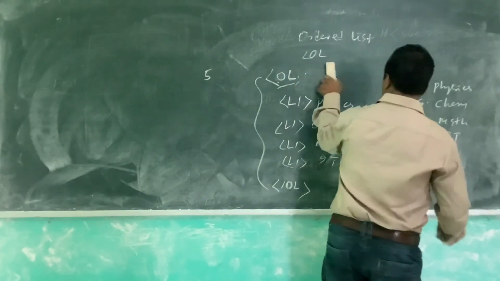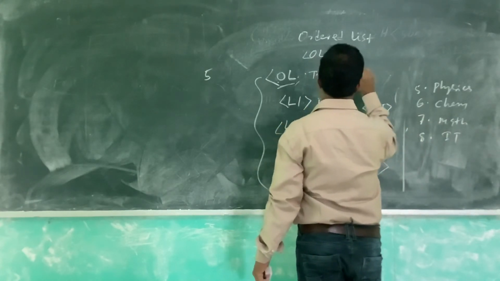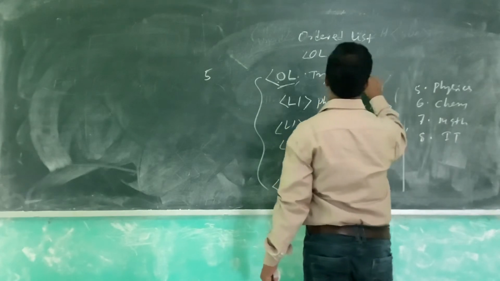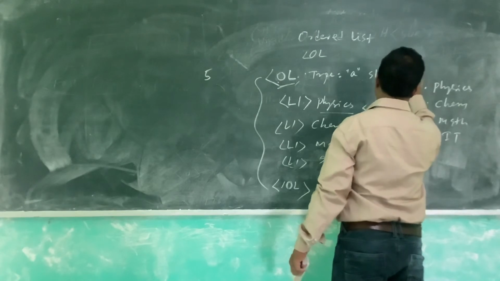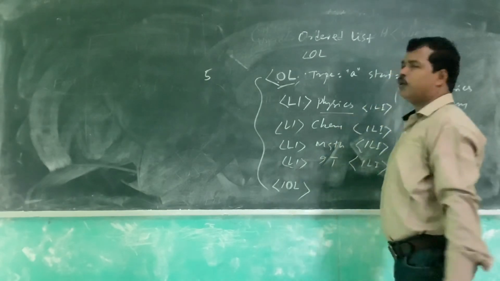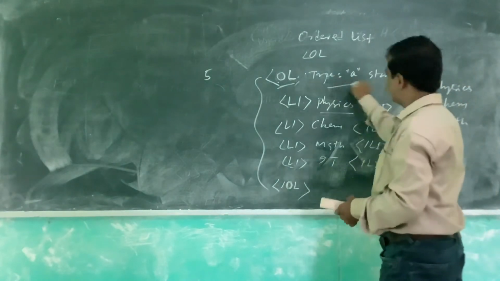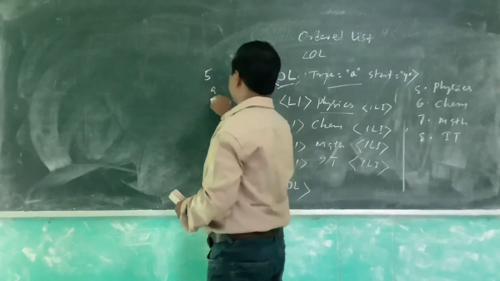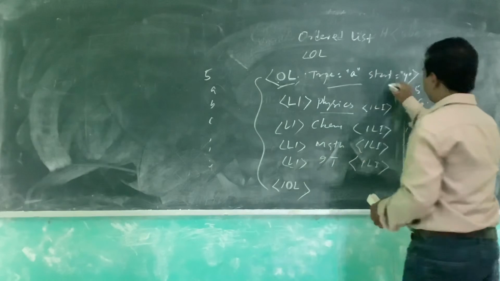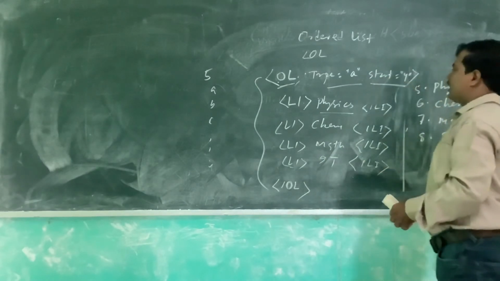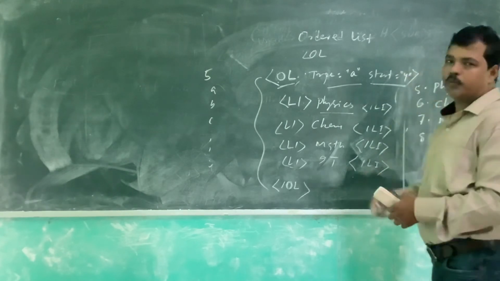If we have written type equal to A and start equal to 4, now tell me, what will be the output? Type equal to A means the listed items will be shown in A, B, C, D, E, F, G, H. Similarly, there is another attribute included in the OL tag, start equal to 4.